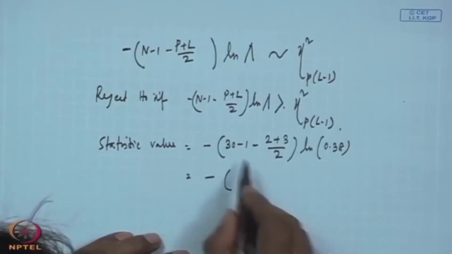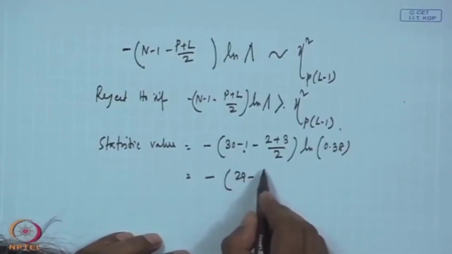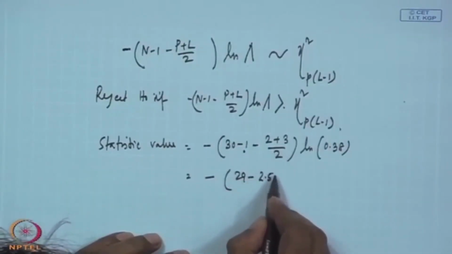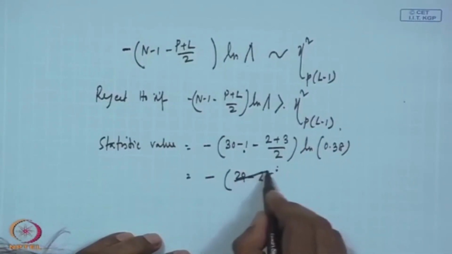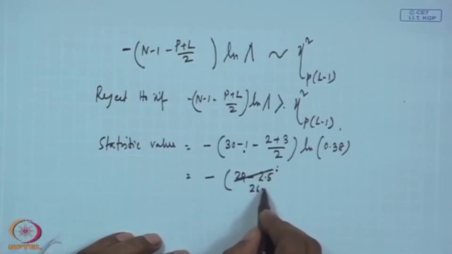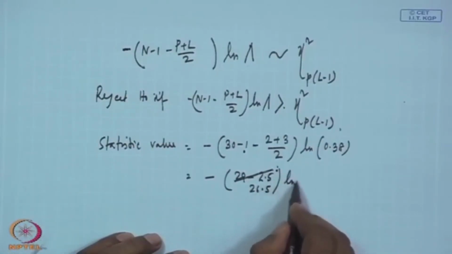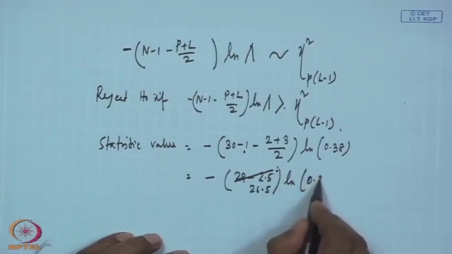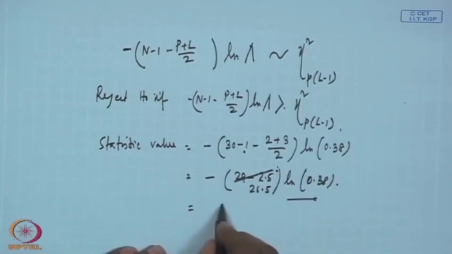This one will be minus 29 minus 2.5. So, the resultant will be 26.5 into log 0.38. You find out this value. I think the resultant quantity will be 11.25.